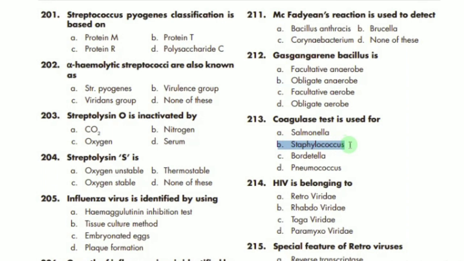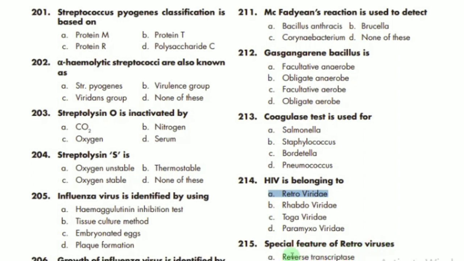B is the correct option. HIV mostly belongs to the retrovirus, Retroviridae, which is the correct option. Special feature of retrovirus is reverse transcriptase, RNA directed DNA polymerase, so both A, B is the correct option.